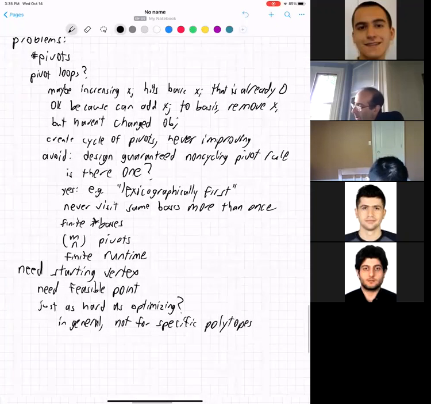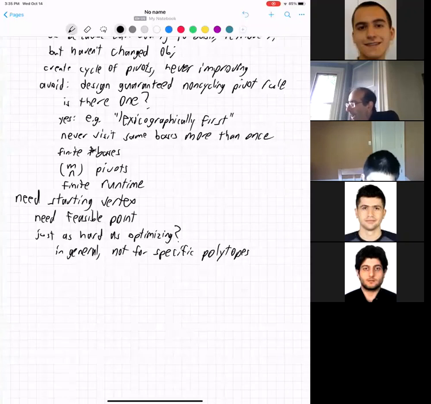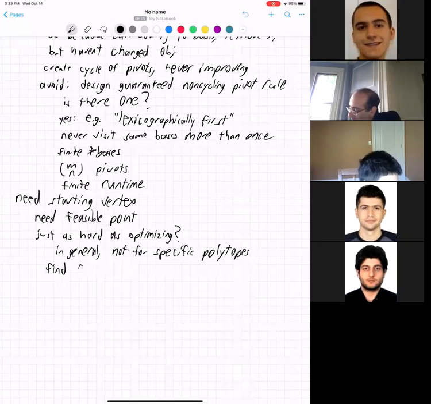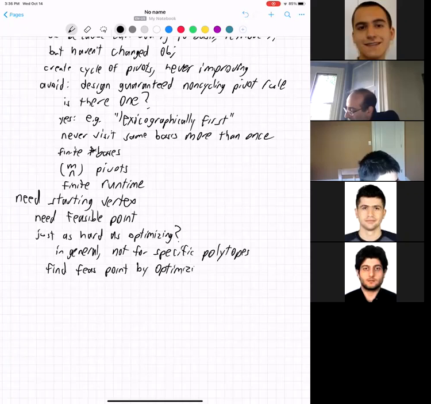So in particular, what I'm going to do is take my initial polytope, and express the problem of finding a feasible point as the problem of optimizing a different linear program. So we're going to find our feasible point by optimizing a different LP.